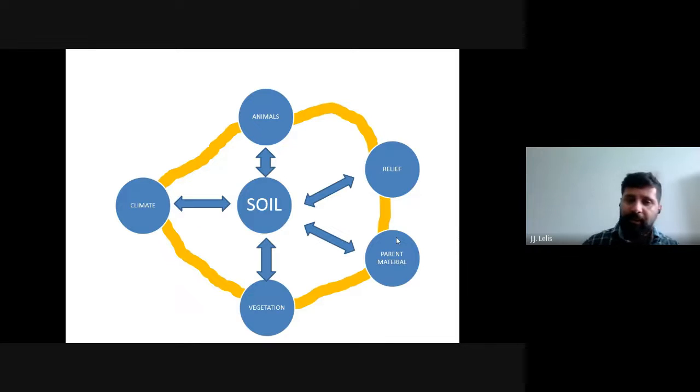Okay? And relief is quite important too, because relief is quite related to the sea level. So if you change the sea level because you change some tectonic condition, or you change the climate condition, you change how material will be eroded and how material will be leached.